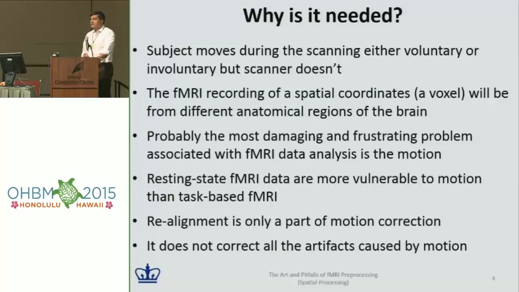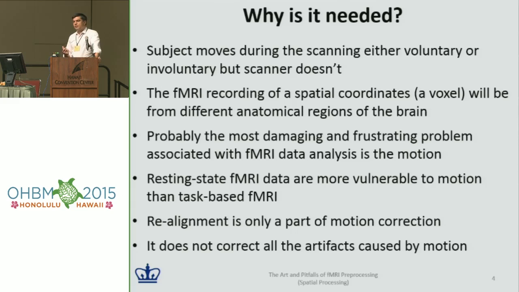So why is it needed? The subject moves in the scanner, whether you want it or not, whether even he himself wants it or not, he's going to move inside the scanner. But the scanner doesn't. The scanner is like 5-ton equipment, it doesn't move. So when you're recording fMRI data from a very specific location of the brain, that signal is going to change to a different part of the brain if the subject moves, right?